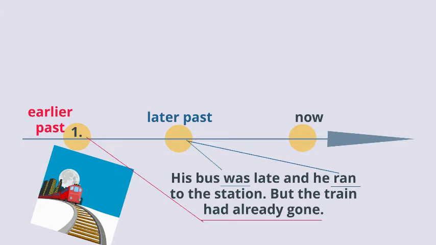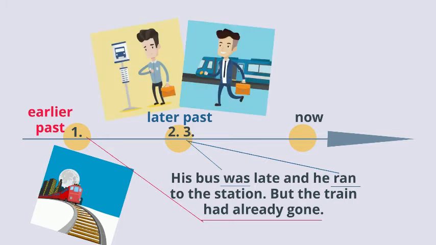This is earlier past. 2 and 3. The bus was late. He ran to the station. These happened after the first one. So we use the past perfect tense for the first action that happened in the past. The bus was late and he ran to the station, but the train had already gone.